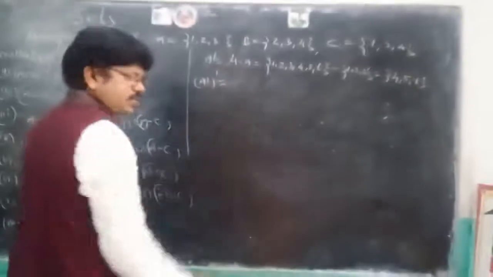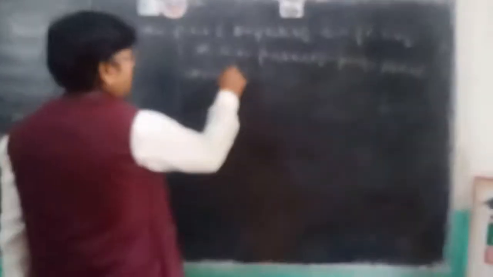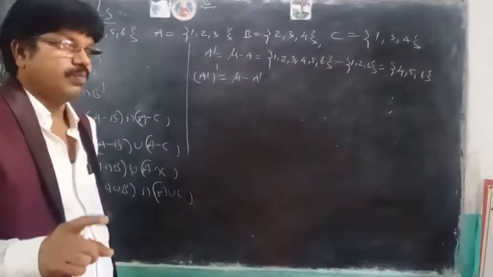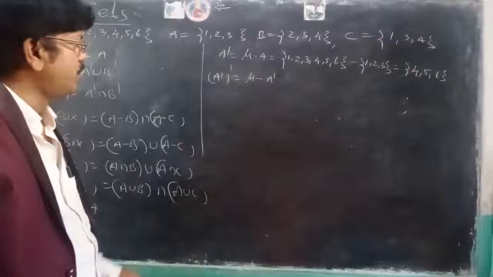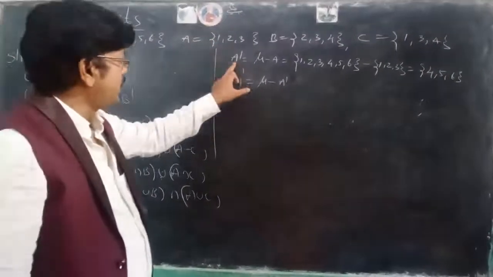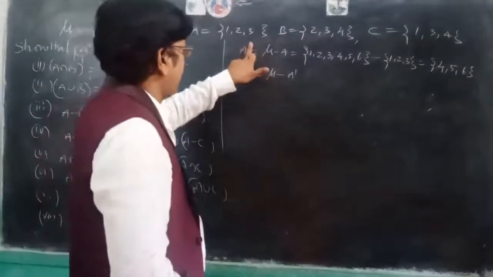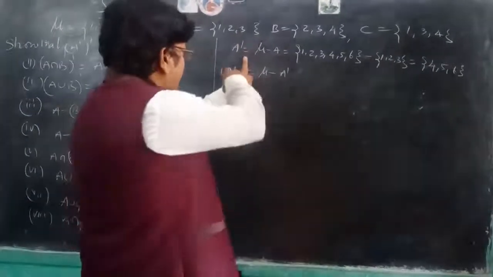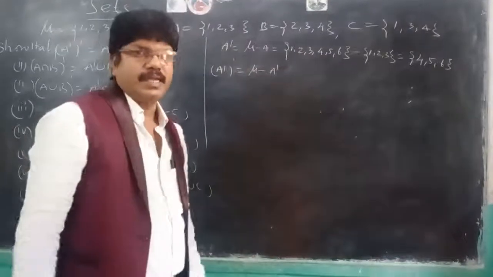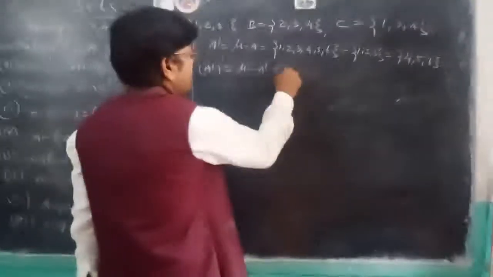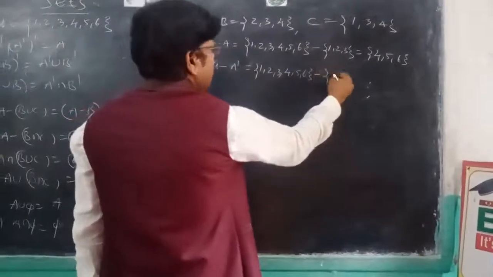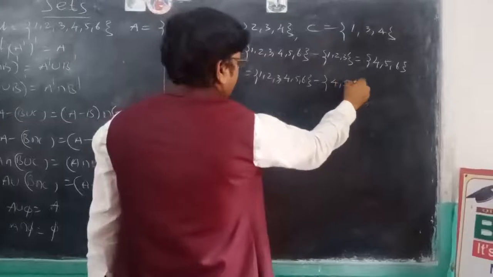Now, we find A dash whole dash. A dash whole dash equals mu minus A dash. One more point you must remember: A dash means mu minus A, and A dash whole dash means mu minus A dash. Now, what is mu? 1, 2, 3, 4, 5, 6 minus A dash, which is 4, 5, 6.